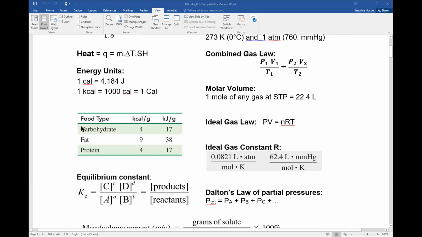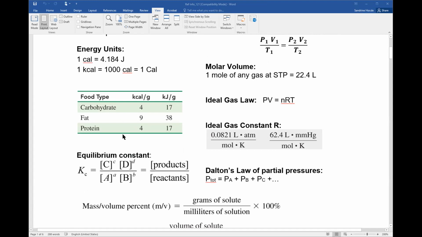To calculate the energy of food, you can use this table that gives you the amount of energy per gram of carbohydrate, or per gram of fat, or per gram of proteins, because depending on the type of food, they don't have the same amount of energy per gram. So you have the values in kilocalories or kilojoules. That would be where you would do that.